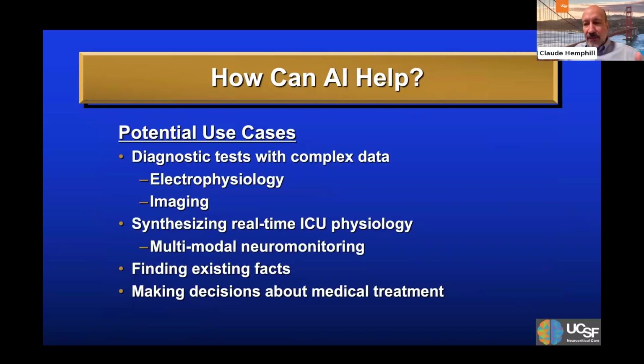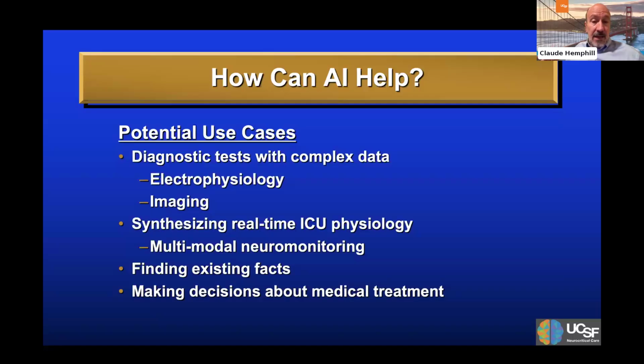I mean, we've talked about this in a lot of these case series, but obviously in other contexts, diagnostic tests with complex data such as electrophysiology or imaging. Very, very obvious and tangible examples of where this could be really, really powerful, and it's really becoming more and more so. Synthesizing real-time ICU physiology, trying to think about integrating multimodal neuromonitoring, obviously a big priority of Moberg.